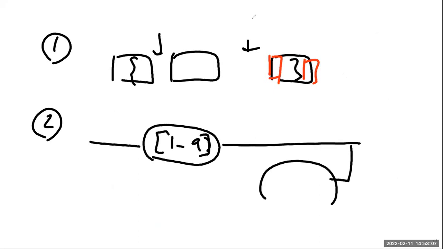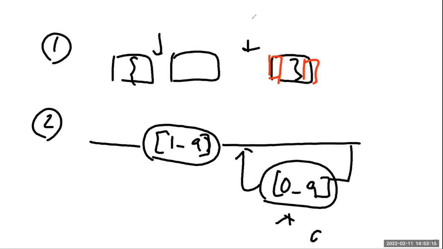We can draw the syntax diagram, where this portion is repeating 0 or more times. You write down the non-zero digit and a digit repeating for 0 or more times. This is a representation for natural number, and we call this regular grammar.